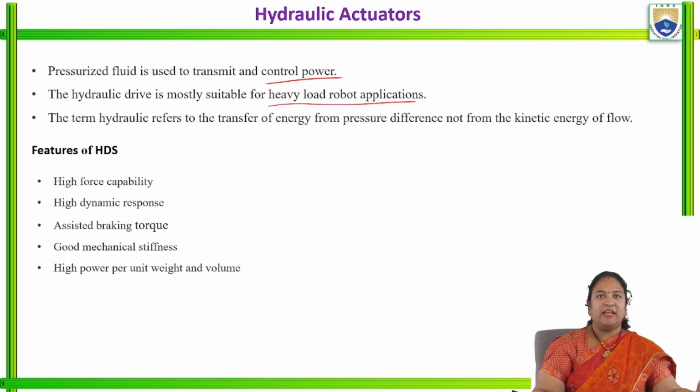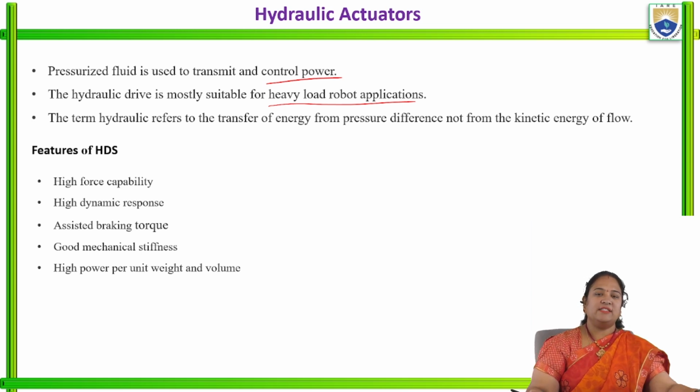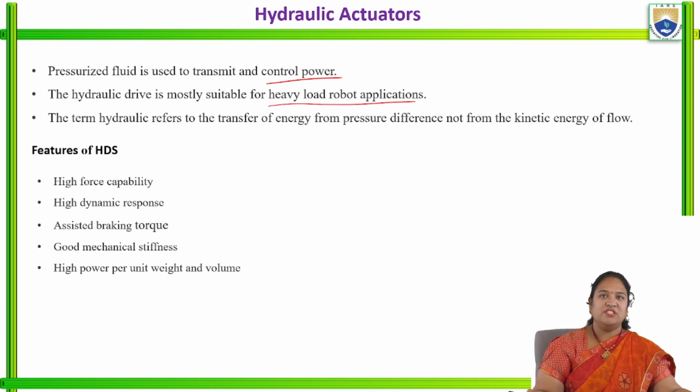Wherever we have heavy loads to be lifted, in large scale industries, we use this type of robot. The term hydraulic itself refers to the transfer of energy from pressure difference to the kinetic energy of the flow.